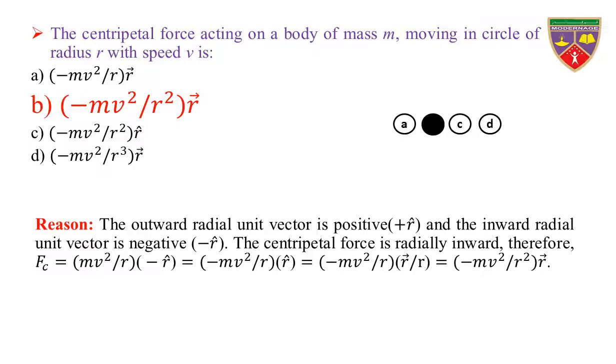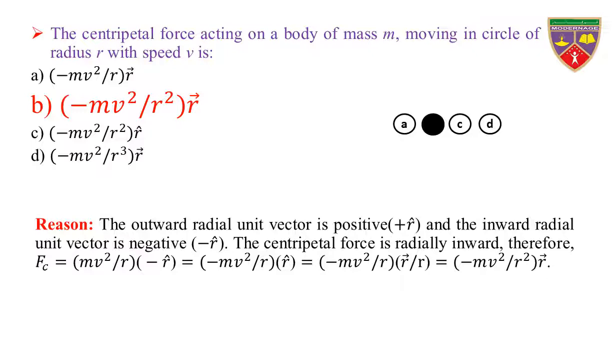Reason: the outward radial unit vector is positive and the inward radial unit vector is negative. The centripetal force is radially inward. Therefore, Fc is equal to mv square divided by r into minus r unit vector, which is equal to minus mv square divided by r into r unit vector.